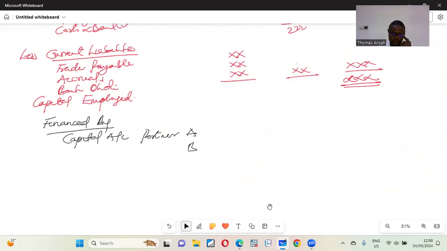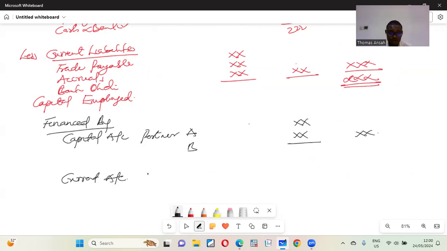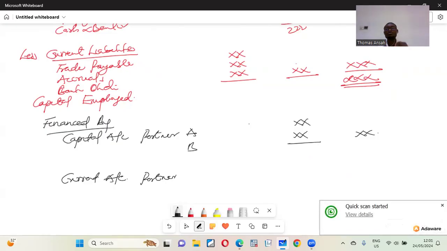All right, so you bring the partners' capital accounts, you bring them in. So we have this, and we have this. You put them together, you slot them here. Then you bring in the current account, the closing balances of the current account. Where can we find the closing balances of the current account? Do you remember the balancing that we did? So you take partner A and partner B. When you do that, you go to the current account and pick the closing balances.